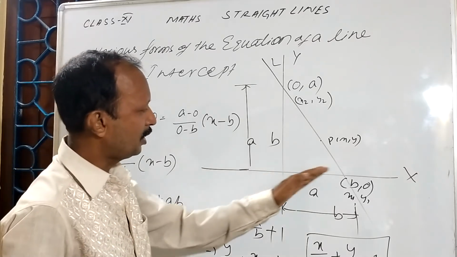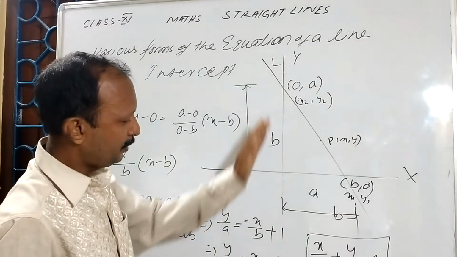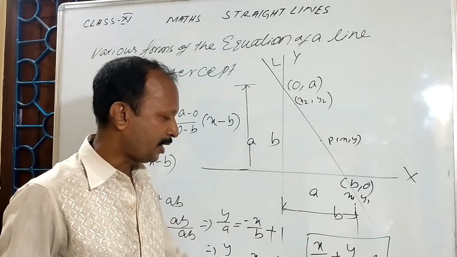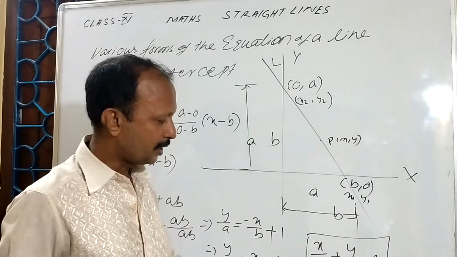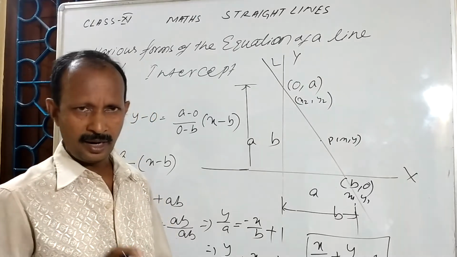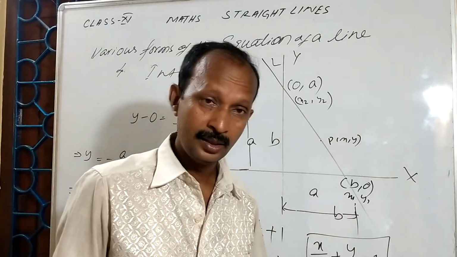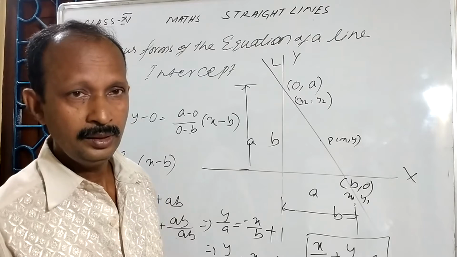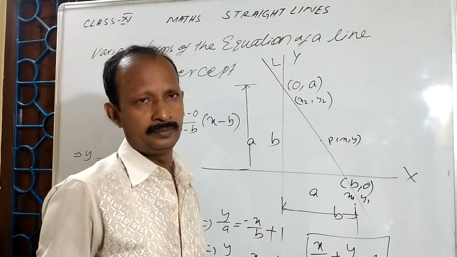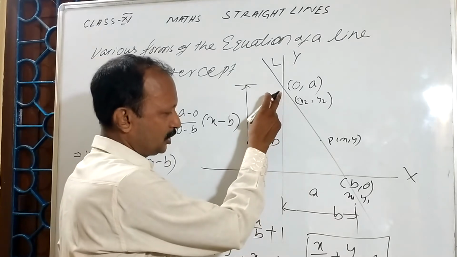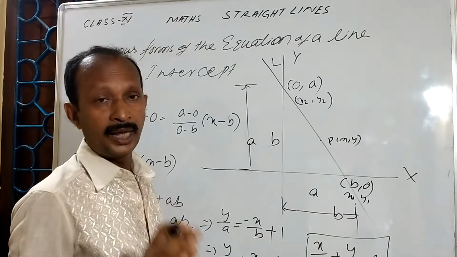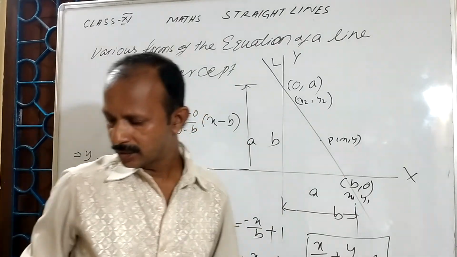If I take this one is the a, this distance is b, then I shall get x by a plus y by b is equal to 1, which is generally considered the standard form of the equation of a line in intercept form. That means there is a y-intercept and also there is an x-intercept.